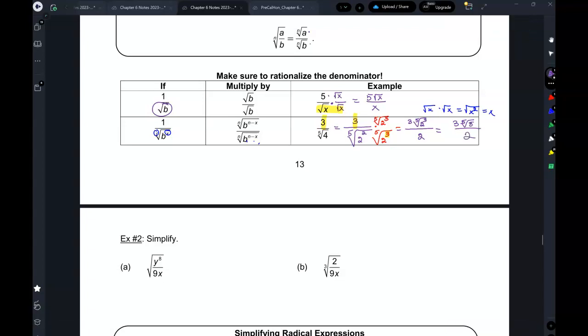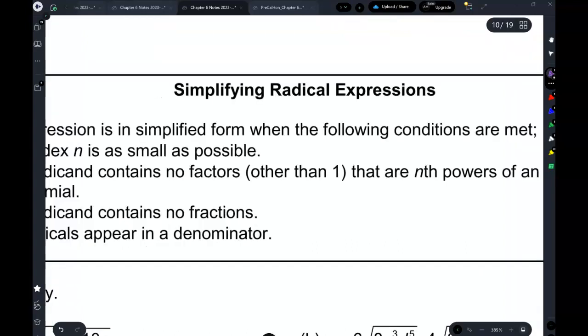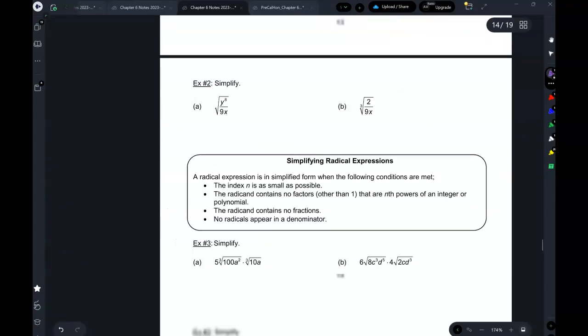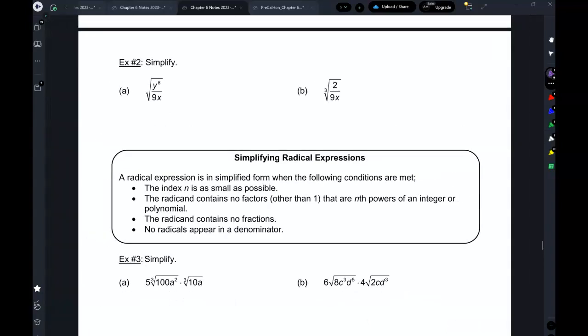Okay, let's do some other ones here. Oh boy, what happened here? Okay, so I'm going to split this up. Square root of y to the 8, over square root of 9x. What do I get on top? y to the 4th.